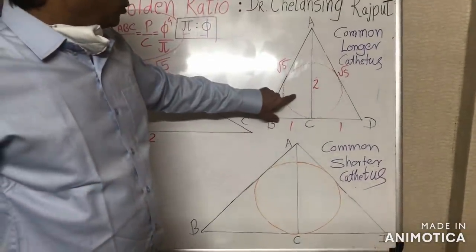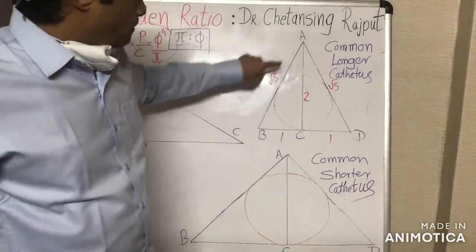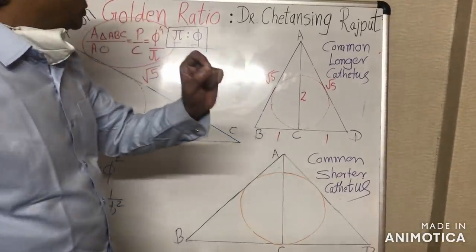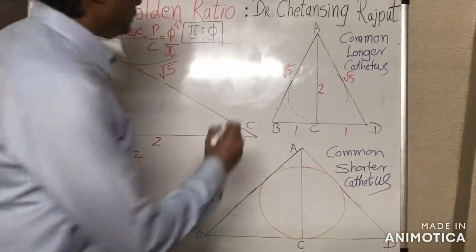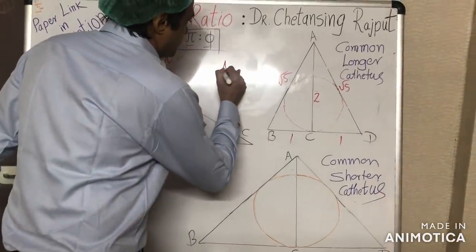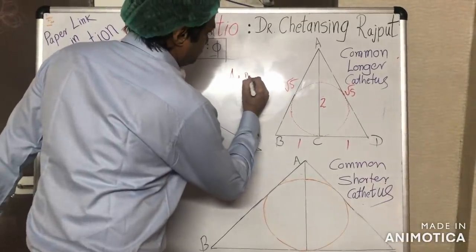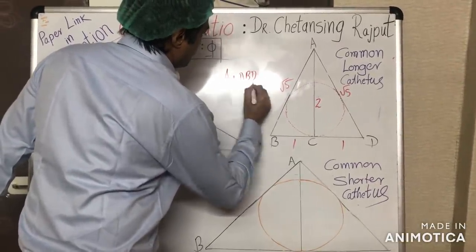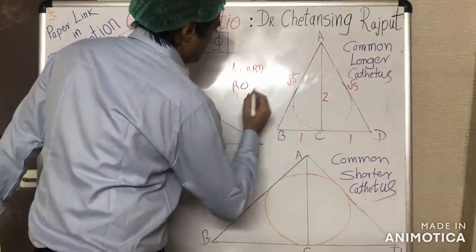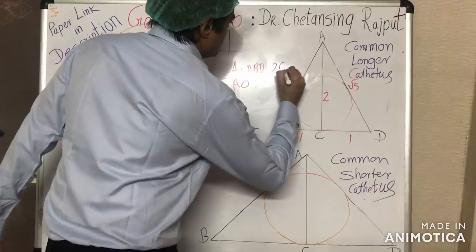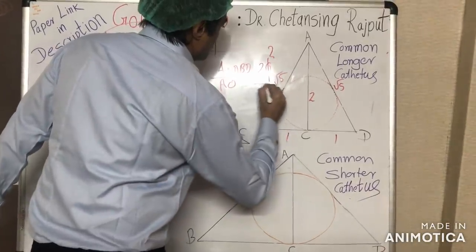And if we incorporate the incircle in this combined triangle ABD, here also we observe a precise correlation, like the area of this triangle ABD upon the area of its incircle is precisely equal to twice the square of golden ratio upon pi.